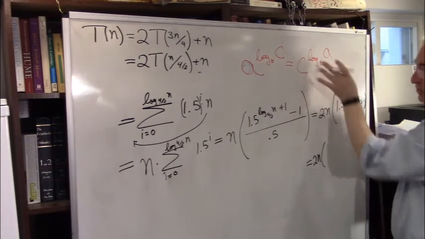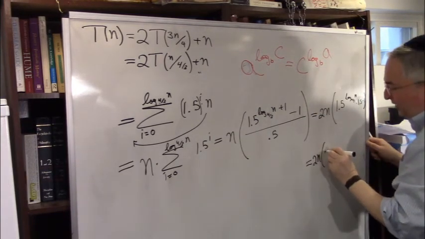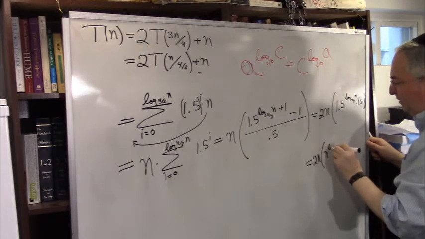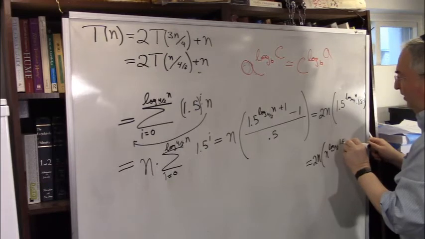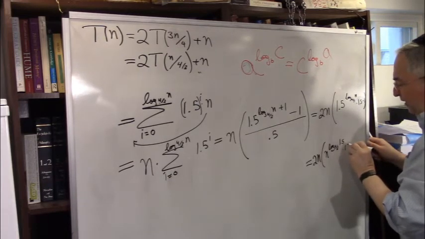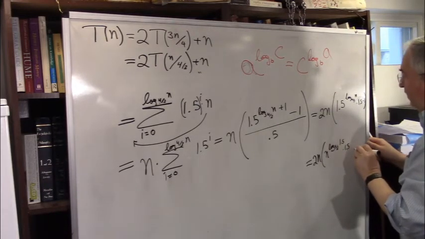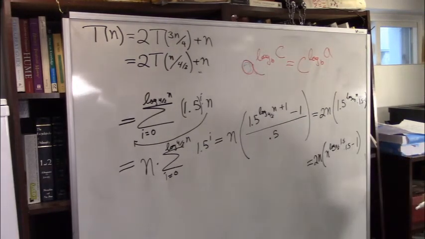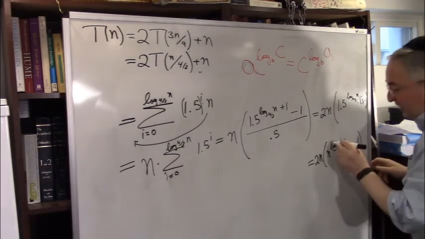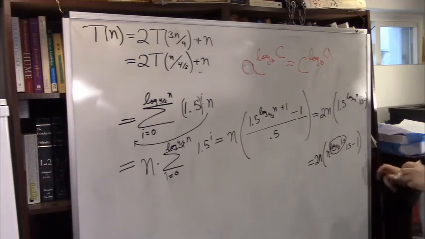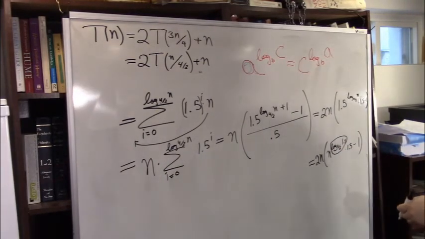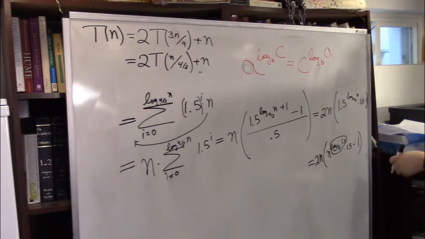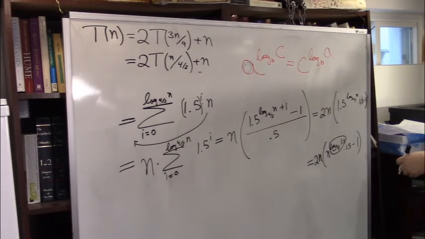The a and the c swap, so I get n to the log base 4 over 3 of 1.5 times 1.5 minus 1. Okay, now it's easy math. Notice that's a number. That's a whole real number. Log base 4 over 3 of 1.5 is a number. There's nothing to talk about.